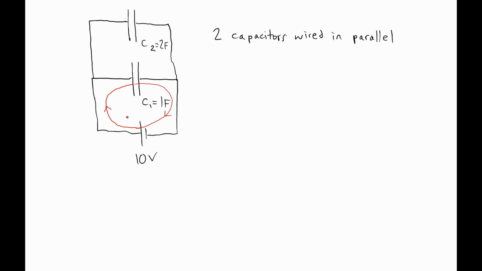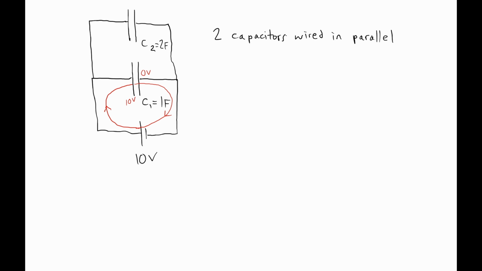And so the only place to lose it here, for the most part, is the capacitor. Alright, so there's going to be a 10 volt potential difference across that capacitor, which means the left plate is going to be at 10 volts, and the right plate will be at a potential of 0 volts.